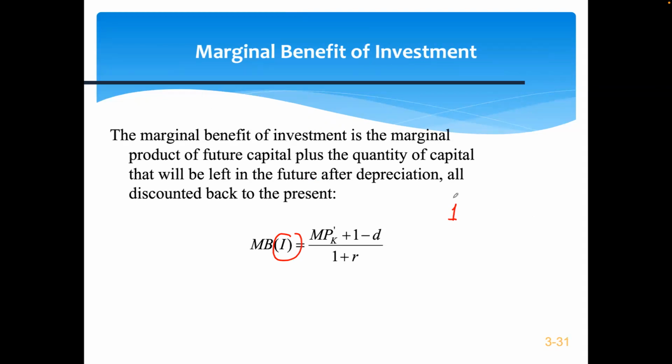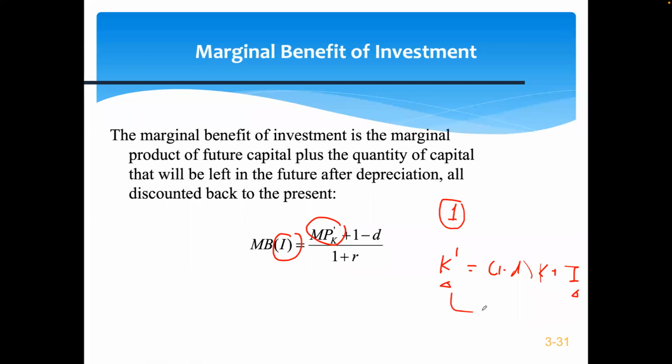By the way, why is this 1? Let's just write down K prime. Remember, K prime equals (1 minus D) times K plus I, right? Because each unit of investment adds 1 unit to K prime.